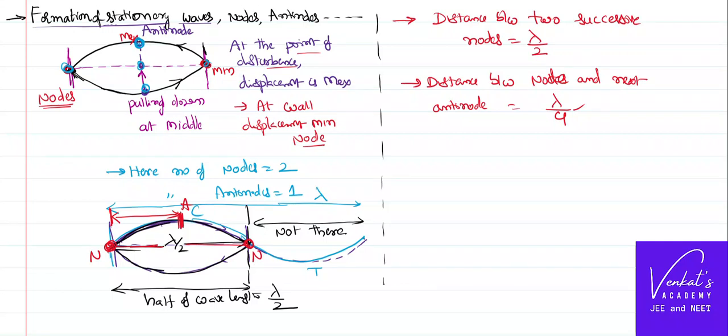I also want to tell you that it's a wave, like a transverse wave in a stretched string. So the velocity of the stationary wave is root of T by mu, where mu means the linear density of that wire, that is mass per unit length of that wire.